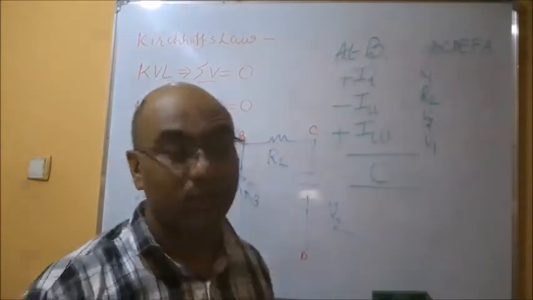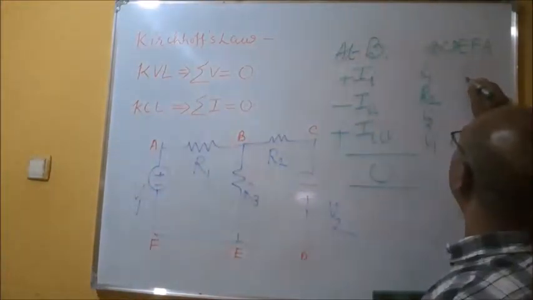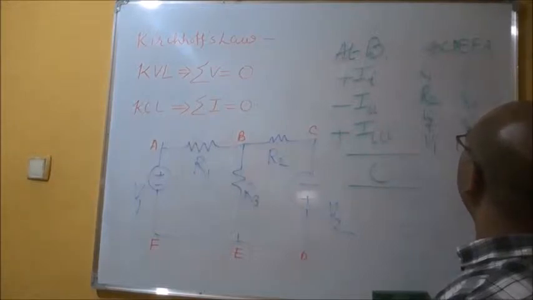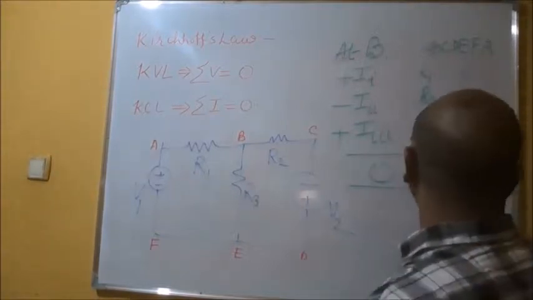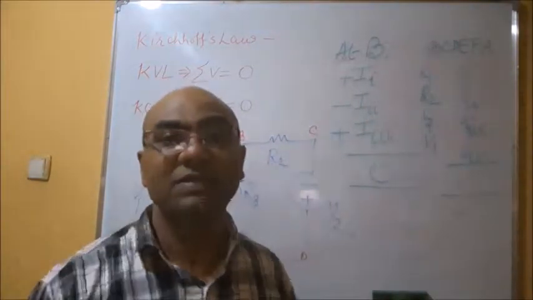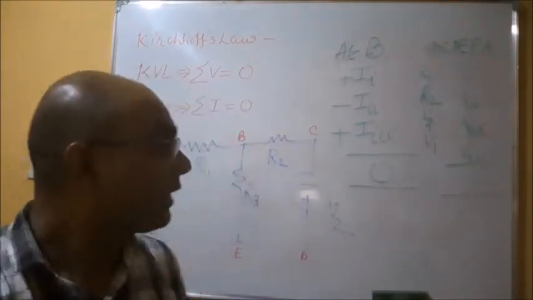For these four components, let us say the voltages are V1, V2, V3 and V4. So the voltage across each component is V1, V2, V3, V4.